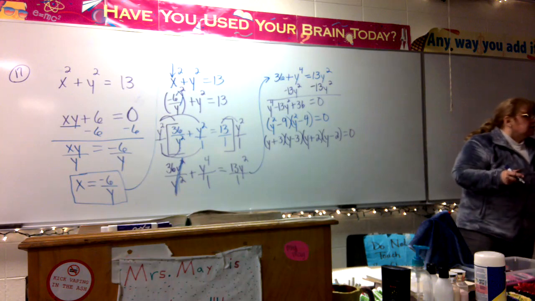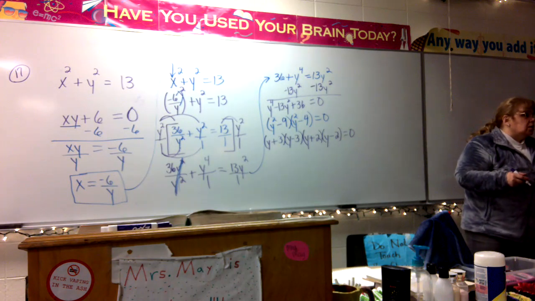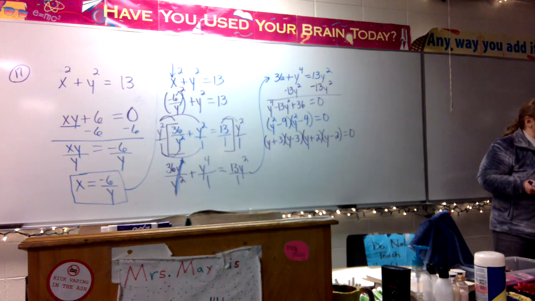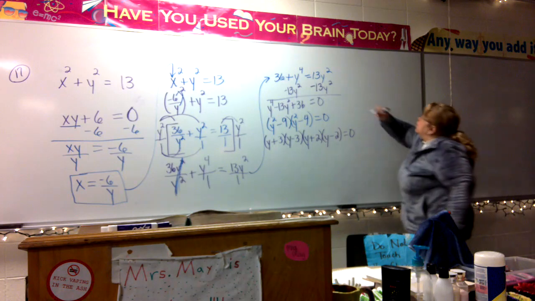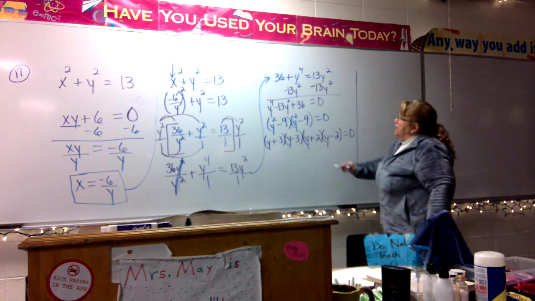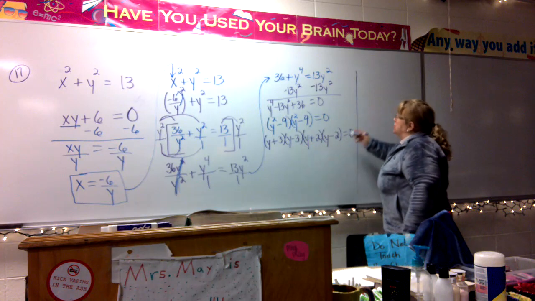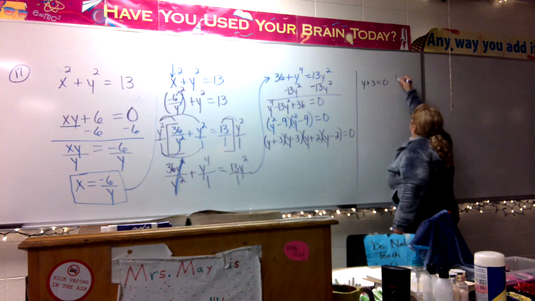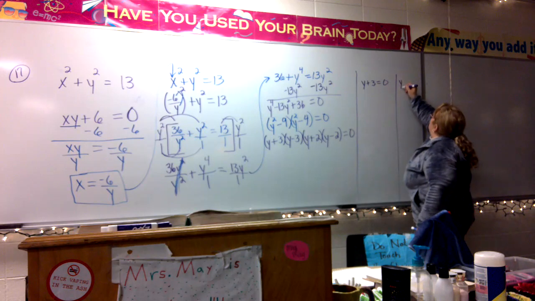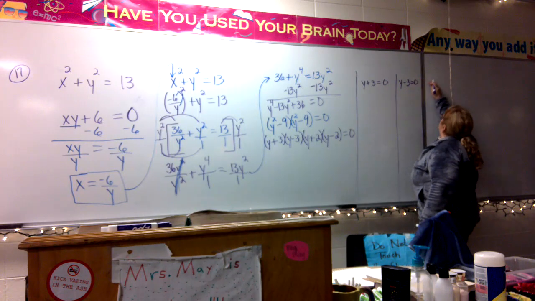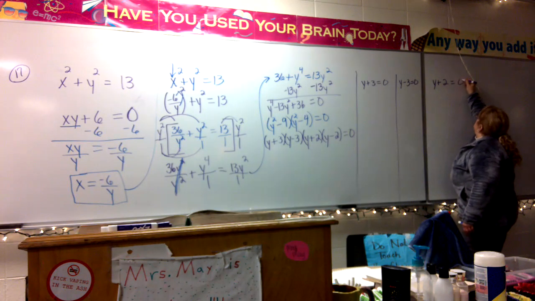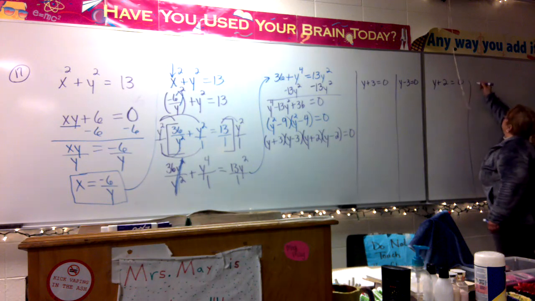Is it okay if we don't do that? You're going to get the same plus and minus when you square it. Well, the important thing is then, how many values of y are you going to get? Y plus 3 equals 0, y minus 3 equals 0, y plus 2 equals 0, and y minus 2 equals 0.